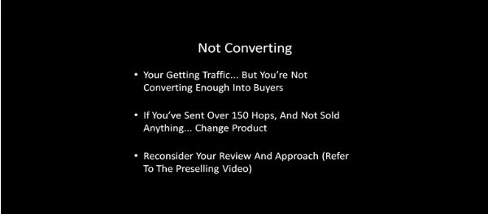Okay, so the first step is possibly changing product. The second step is reconsidering your review and the approach you've taken. Okay, so first of all, reconsider your copy. Is it really that good? If it's not that good and you're not that good at writing copy, feel free to give someone general instructions on what you want.